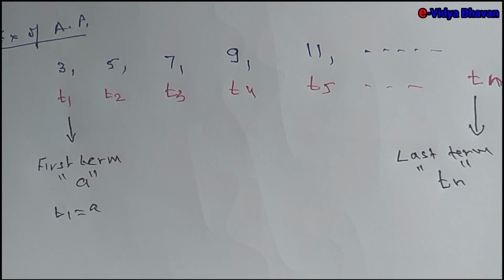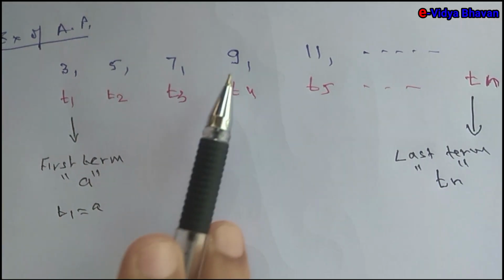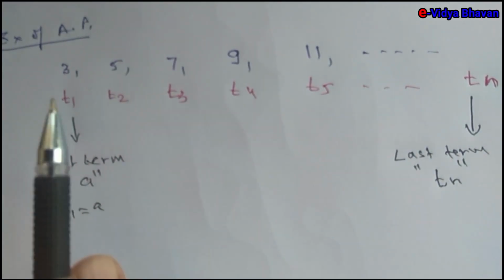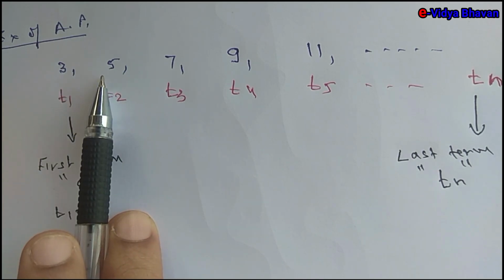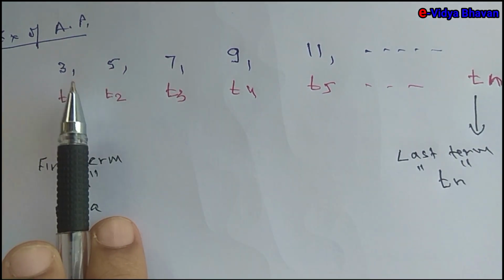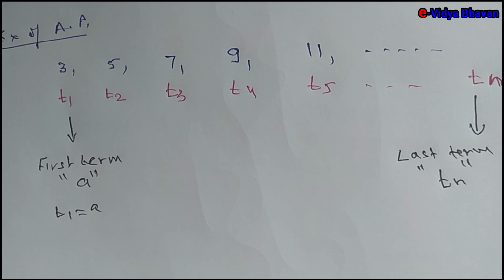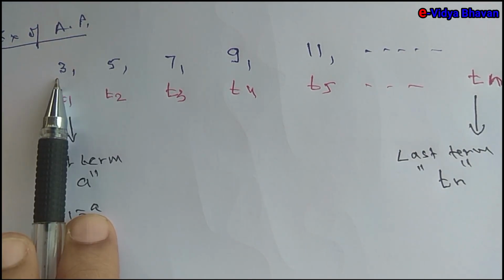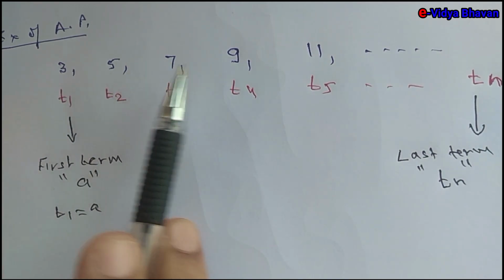Now closely observe this example: 3, 5, 7, 9, 11. When we add 2 to this 3, we get 5. If we add 2 to this 5, we get 7 and so on. So by addition of 2, we always get the next number. Take it in reverse way: 5 minus 3 is 2, 7 minus 5 is 2, 9 minus 7 is 2 and so on.